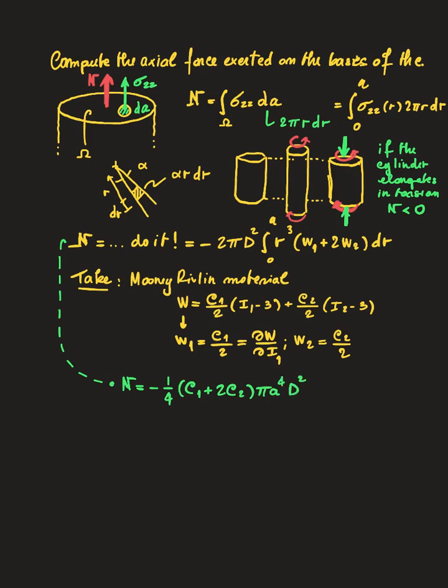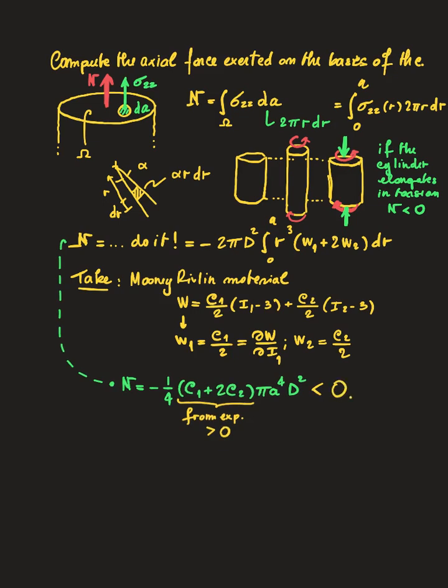So what is this expression telling you? C1 and C2 can be extracted from experiments, and for all ordinary materials these are generally positive. So since there is this minus sign, we get that this is lower than 0.